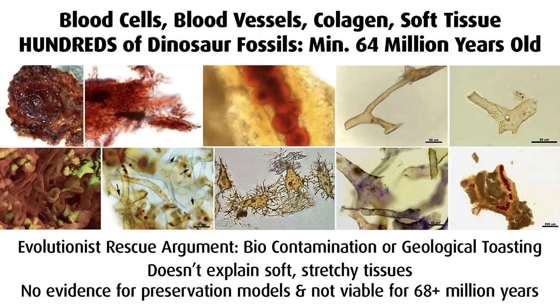How is this possible? Well, the evolutionist rescue argument is there was some sort of biocontamination or geological toasting, which means somehow these things got preserved by some sort of geological toasting process. But that doesn't explain the soft, stretchy tissues, and the evidence for preservation models is not visible for things that are really that old. It doesn't hold up.